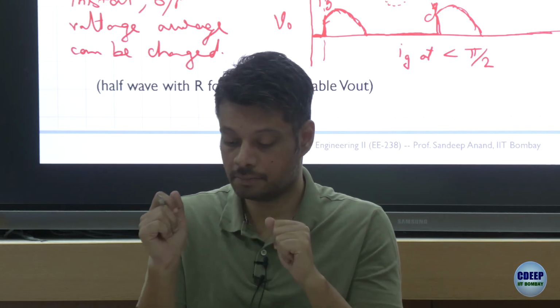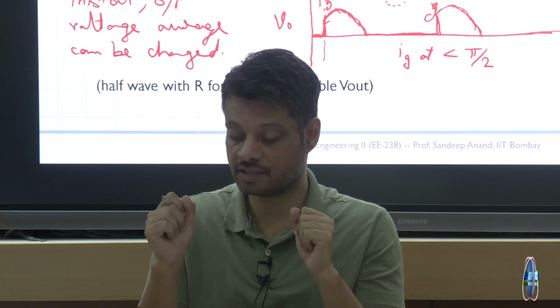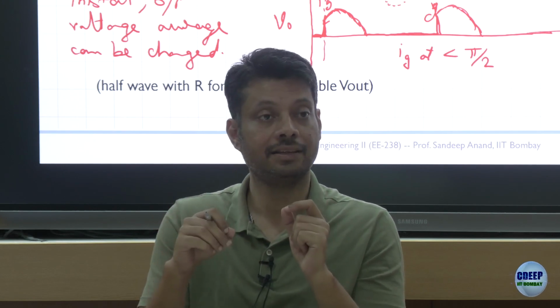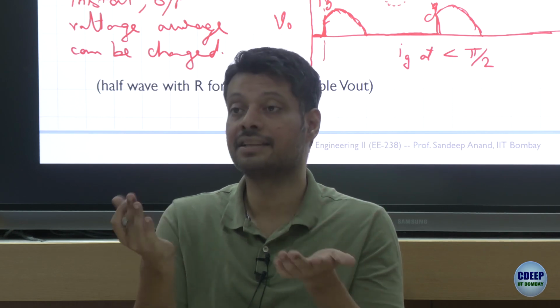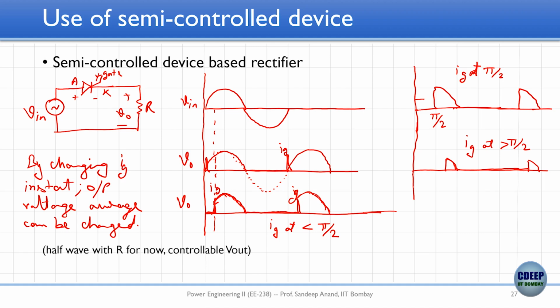Now let's come back and try to answer the other question which was asked: what if I provide Ig at, let's say, greater than pi by 2, hypothetically?